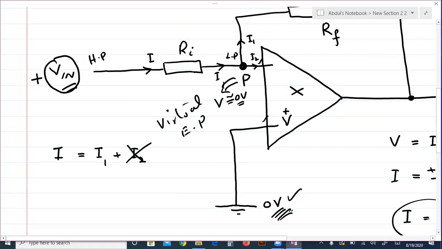So this I2 current becomes negligible, mean it becomes 0. So we can write I is approximately equal to I1, because I2 current is not possible due to very high impedance, very high resistance of the input terminal of the op-amp.